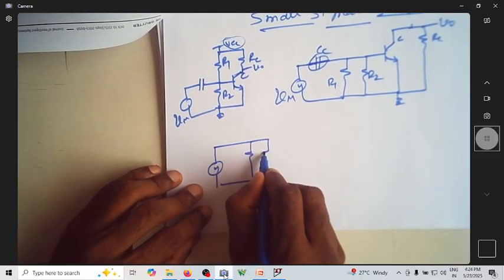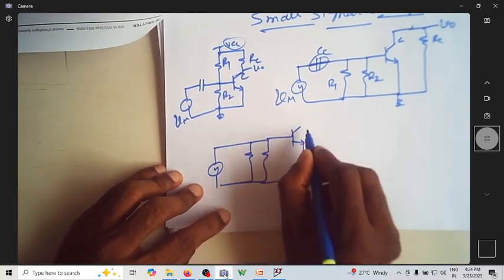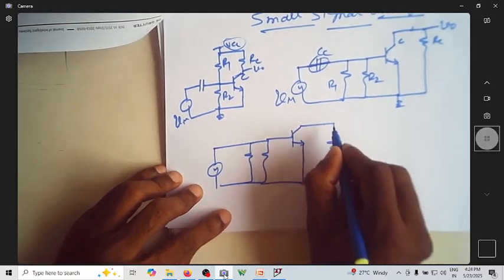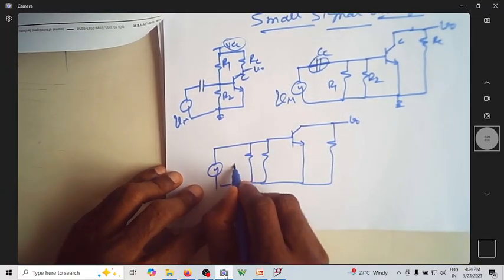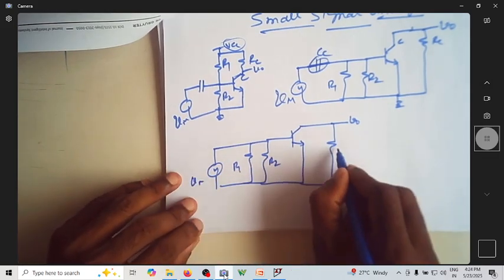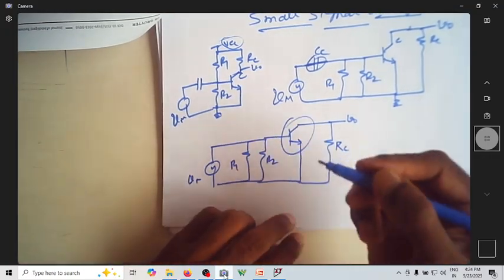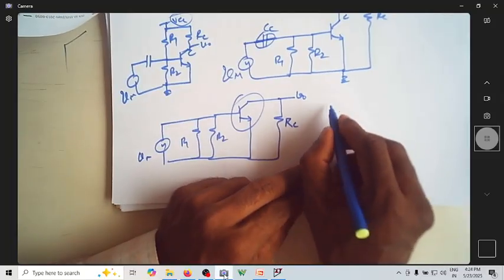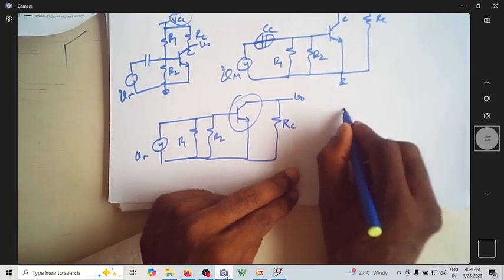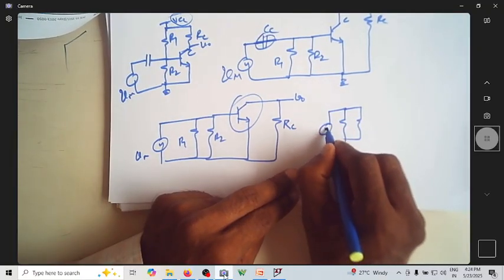R1 parallel R2, and this is your small signal V in. This is RC. This transistor is further replaced by something like this. You have R1 R2 and this is your V in.